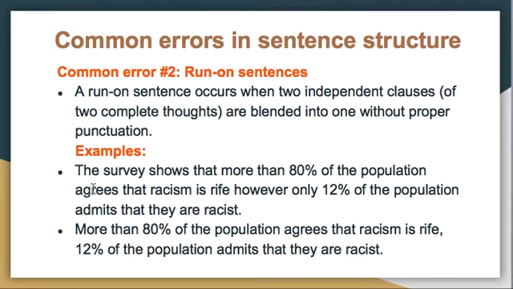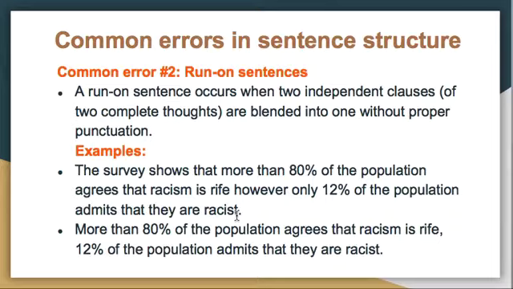The first one: the survey shows that more than 80% of the population agrees that racism is rife. However, only 12% of the population admits that they are racist. There is no proper punctuation in this sentence, so that's why it is a run-on sentence.